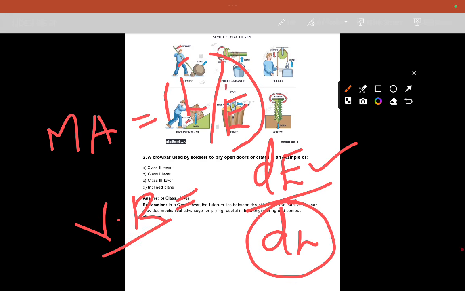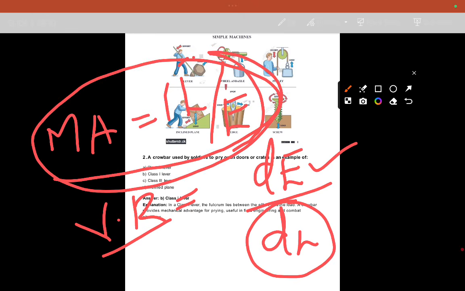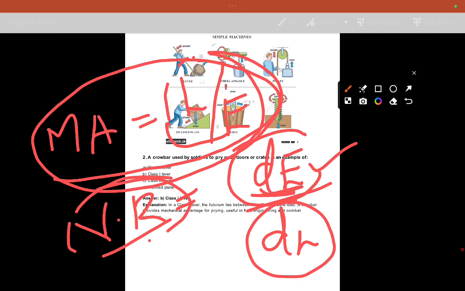This is called velocity ratio. The previous one, load by effort, is MA. Remember, these are very essential terms from the perspective of the NDA examination. Mechanical advantage is L by E. Velocity ratio is dE by dL, where dE is the distance traveled by the effort.